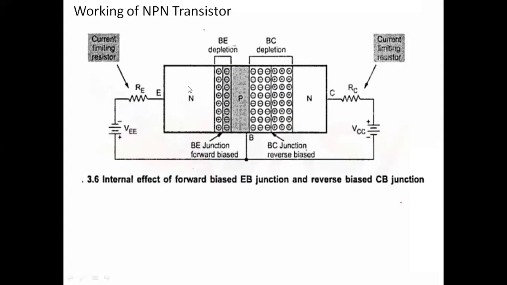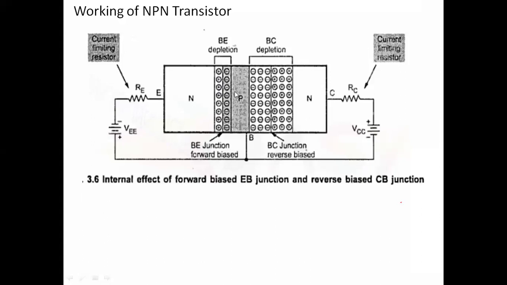In the n-type material, the majority charge carriers are electrons. The battery side is considered as negative, so this is also negative, and on the negative side, the negative will be repulsed. That's why the electrons will cross this junction, this depletion region, and move to the base region.